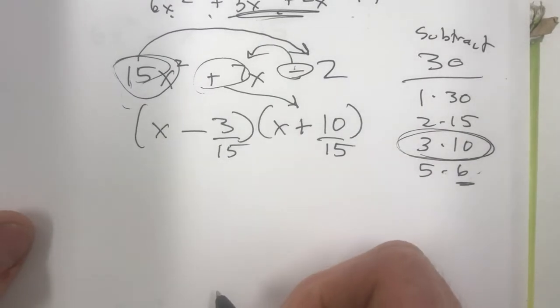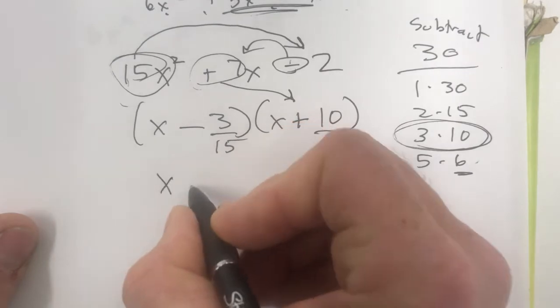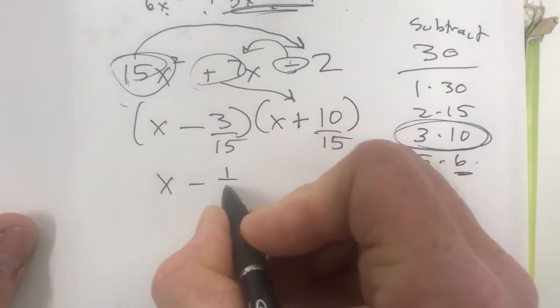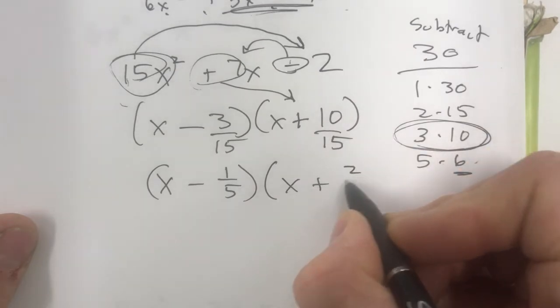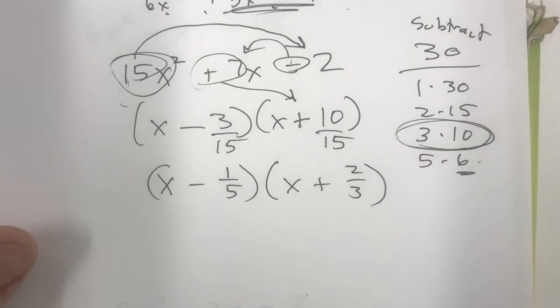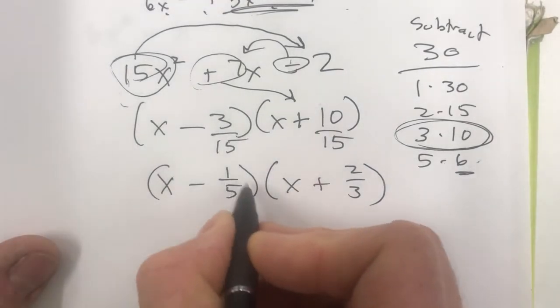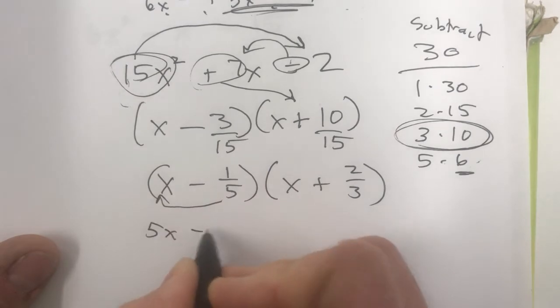Okay? But now I can't have fractions, so I simplify these fractions. Well, this one simplifies. That's going to be 1/5. This one simplifies. That's going to be 2/3. But they're still fractions. And I'm not supposed to have fractions, so the bottom number, the 5, will slide over in front of this x, which gives me 5x minus 1.